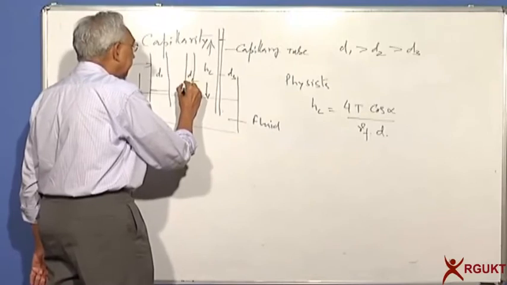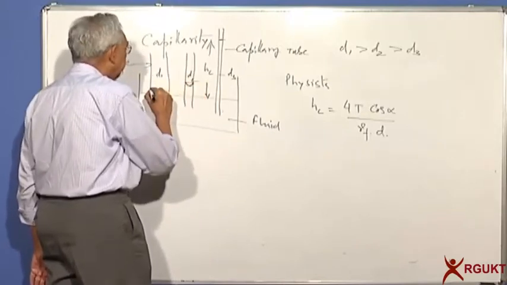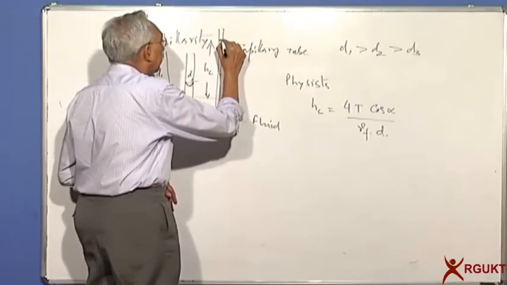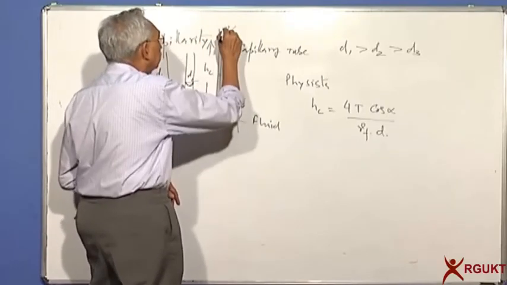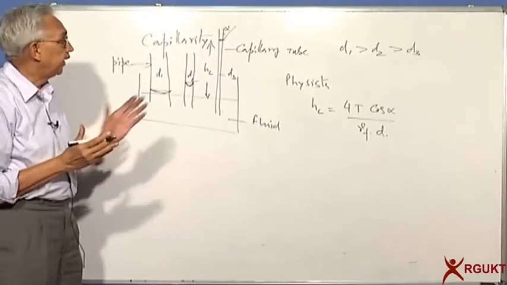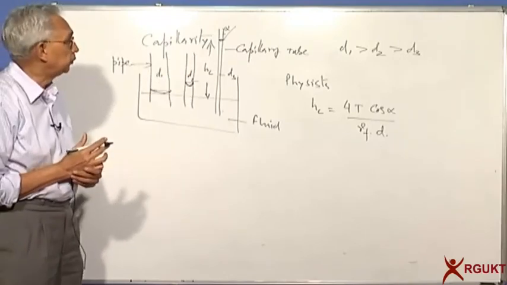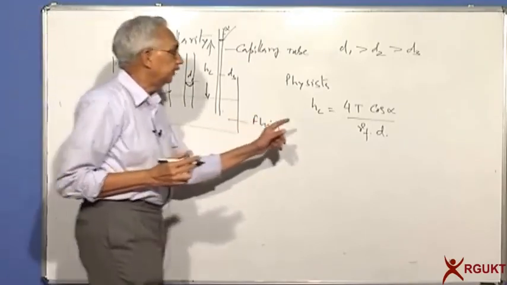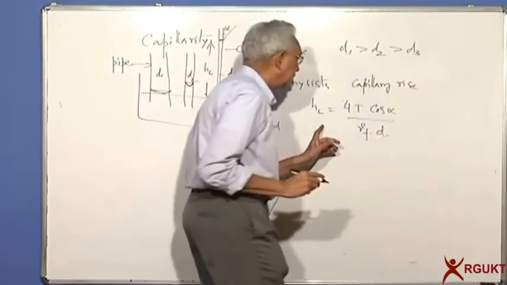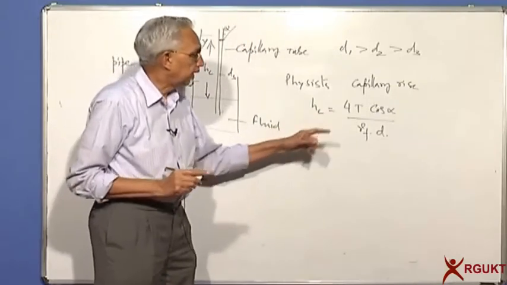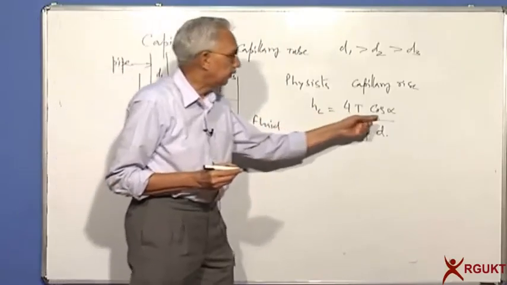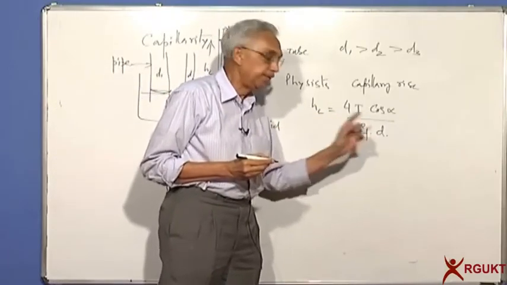And please note that this meniscus is not horizontal, but curved. This angle is alpha, the angle the fluid makes with the vertical face of the tube. And from physics, you know the capillary rise Hc is equal to 4 times the surface tension into cos alpha divided by unit weight into d.